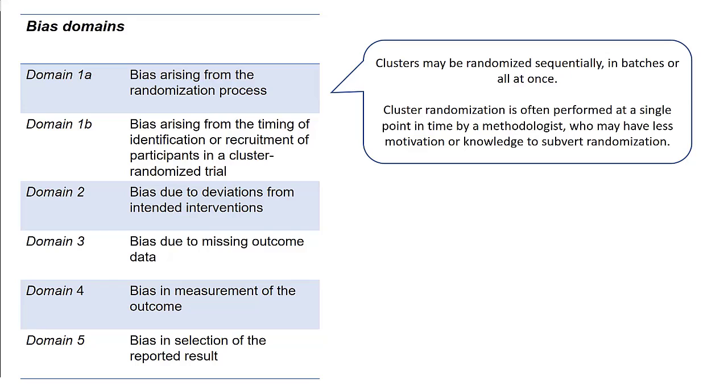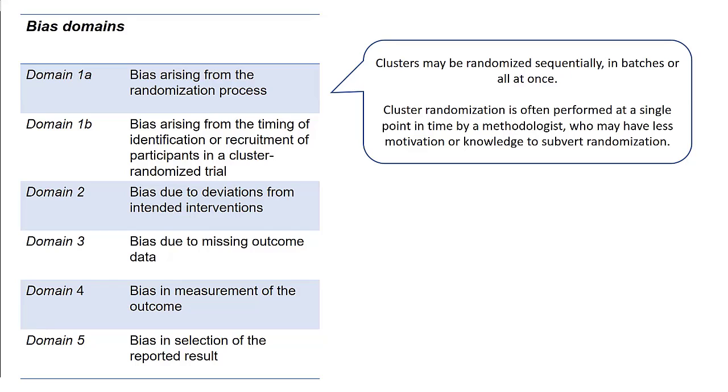Essentially, there are two domains, 1A and 1B, and domain 1B captures issues of risk of bias that are particular to cluster randomized trials. One thing to note: domain 1 is equivalent to the bias arising from the randomization process. That's equivalent to what we have when we make that assessment in parallel group randomized trials.